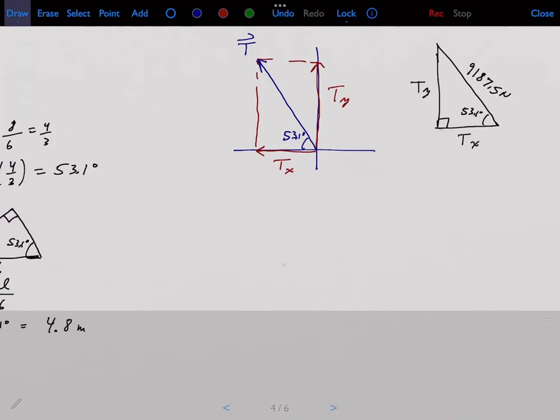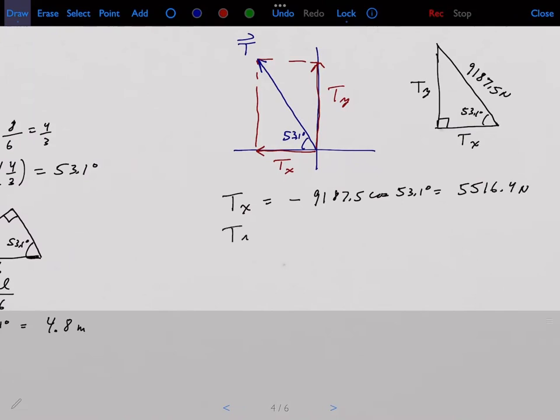So since Tx is adjacent, it's going to involve cosine. But we have to be careful, it's negative, right? That component is negative, it's pointing to the left, so it's minus 9187.5 times cosine of 53.1 degrees. And that turns out to be 5516.4 newtons.